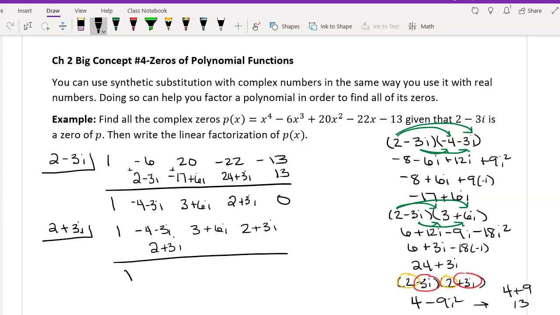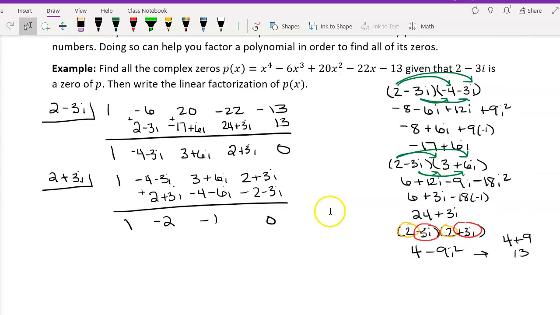All right, so now negative 4 minus 3i plus 2 plus 3i is really nice. It equals negative 2. How did we get so lucky? So now I multiply 2 plus 3i times negative 2, and that gets me negative 4 minus 6i. Ooh, look at it again. I'm left with negative 1. 2 plus 3i times negative 1 is negative 2 minus 3i, and I'm yielding that 0 again.